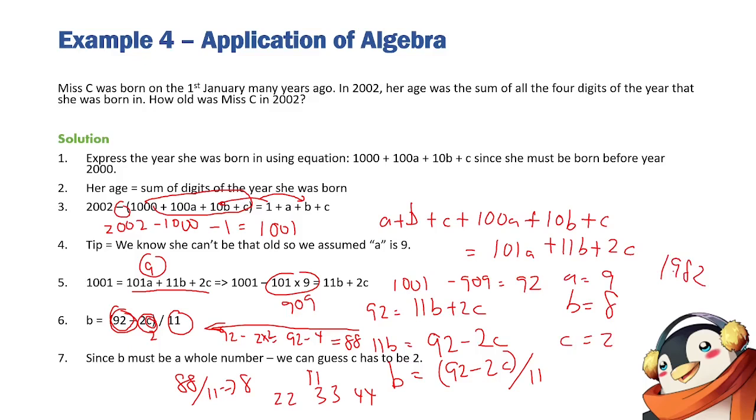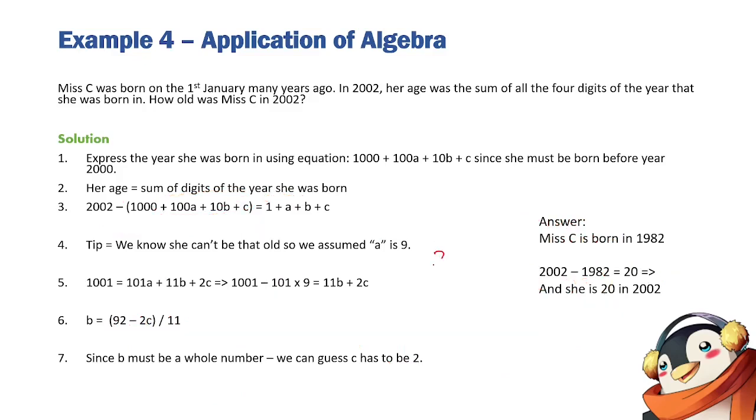And you have 1982 adds up to 20. So if you look at this, 2002 minus 1982 gives you 20. So she's 20 years old, right? She was born in the year 1982.